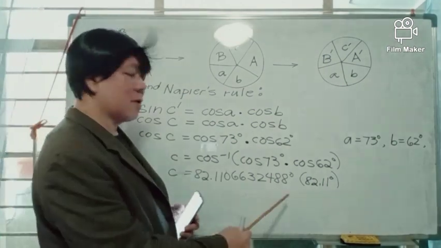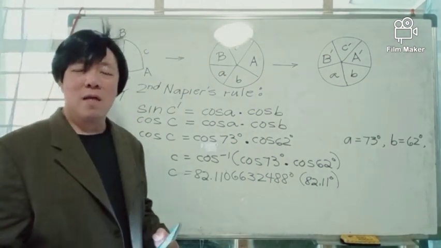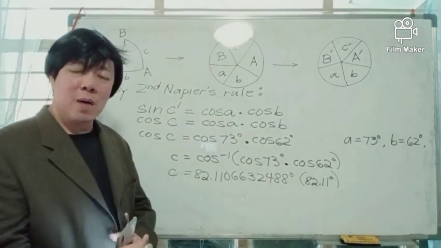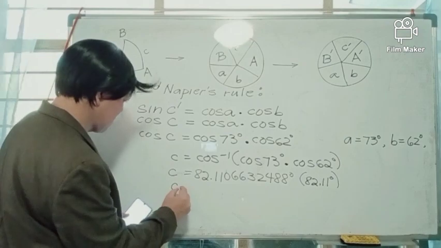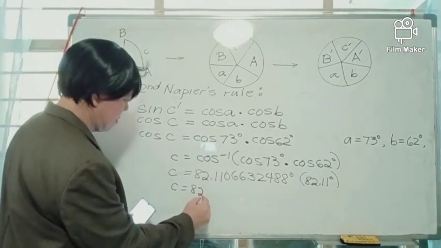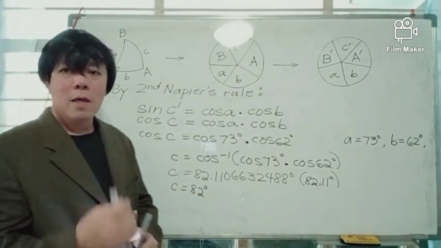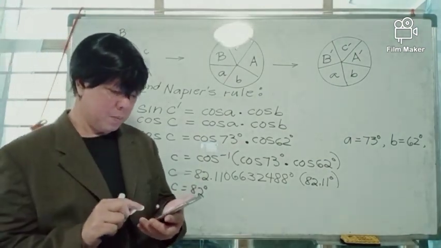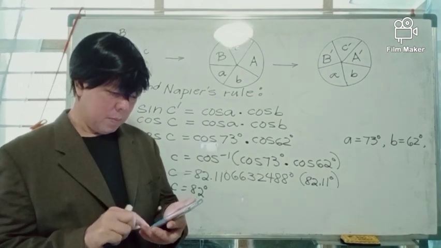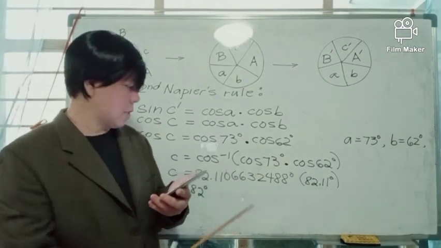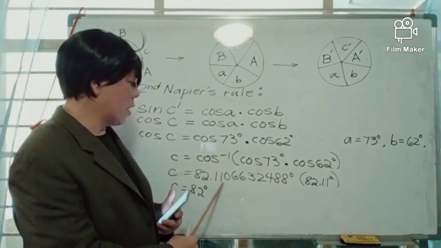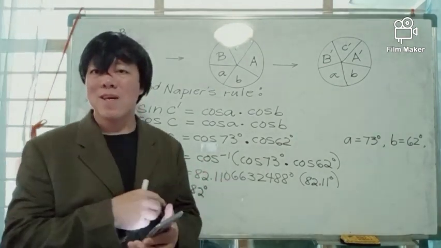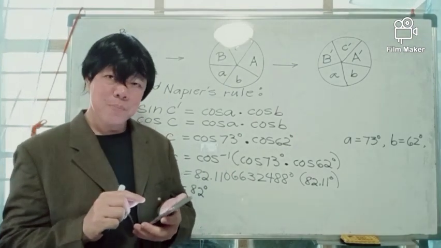To write this answer in degrees, minutes, and seconds, we take the whole number 82 degrees and from your calculator you subtract 82, and the decimal number you should get is 0.1106632488 and multiply that by 60 minutes.